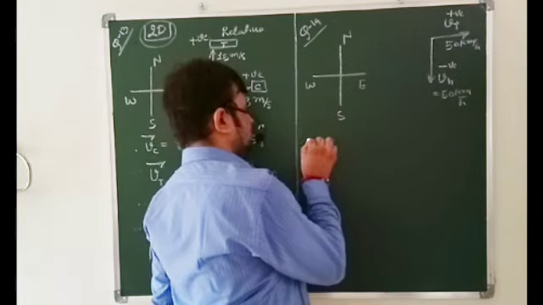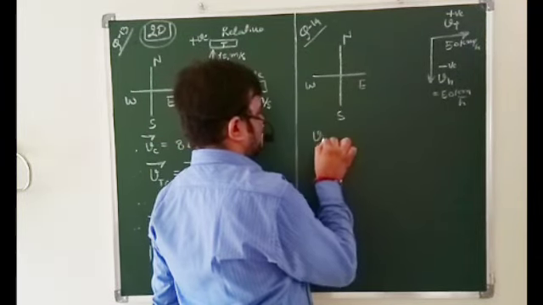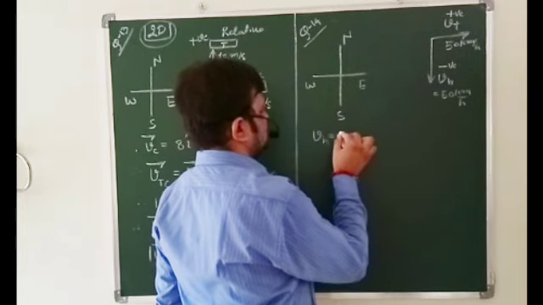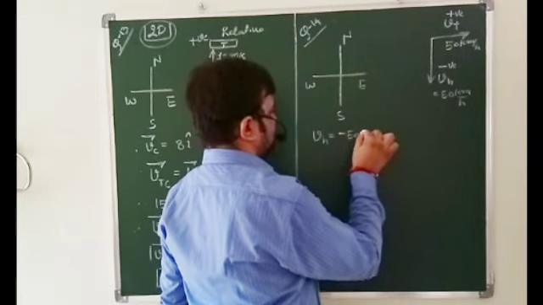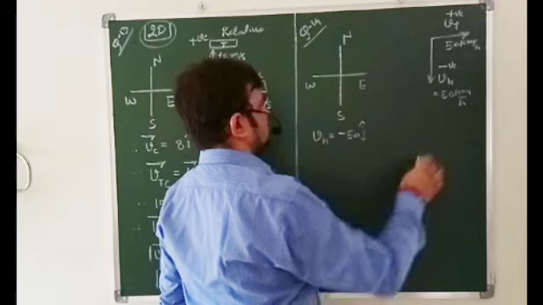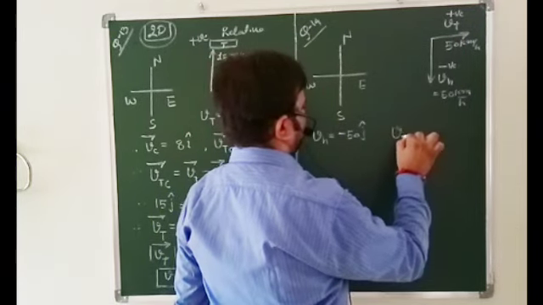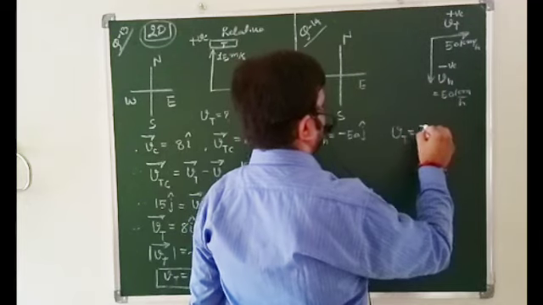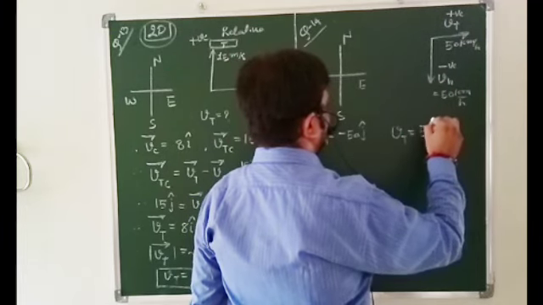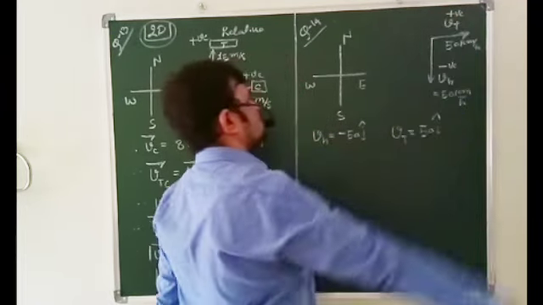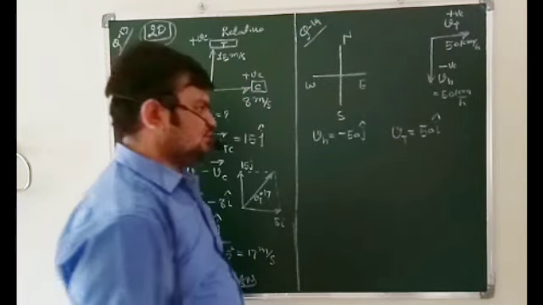So the velocity of helicopter is minus 50 j caret because it is in the negative y direction, and the velocity of train is 50 i caret because it is in the positive x direction.